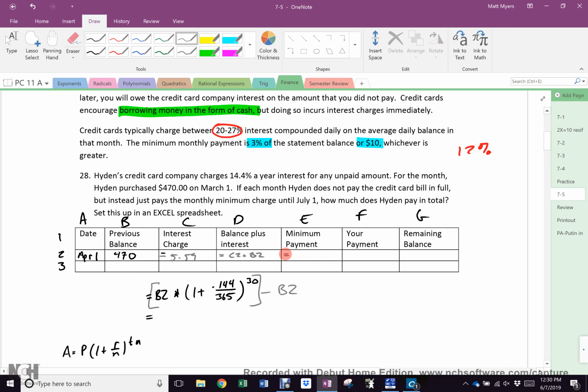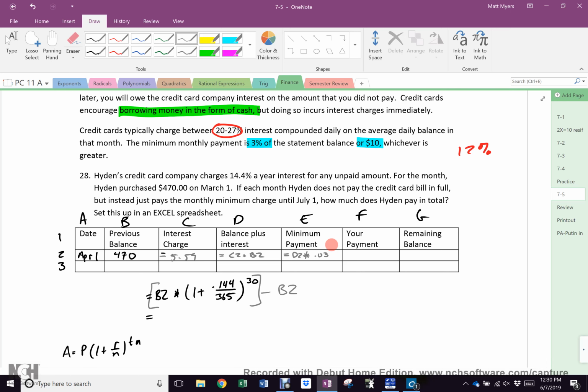So this has to equal D2 times what? 0.03, correct? Or $10, whichever is greater. So you can make this say equals this unless it's less than $10, then that cell equals $10.